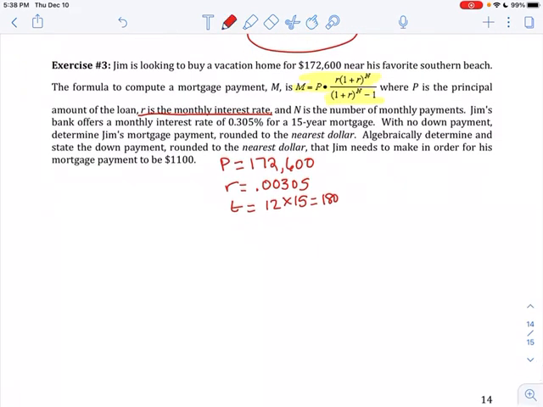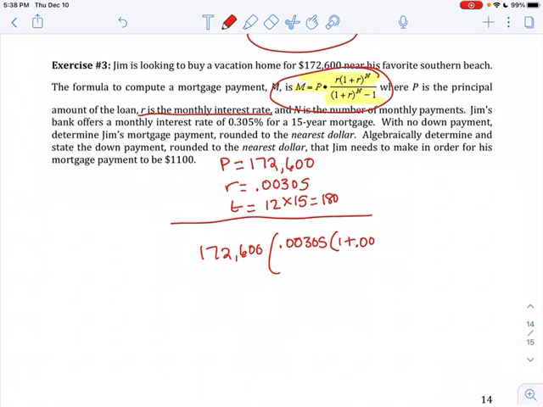I'm just using this formula right here, my principal, $172,600, times, on the top, my rate, 0.00305, times 1 plus the rate, 0.00305, to the 180th power, because N is the number of payments, divided by 1 plus 0.00305, again to the 180th power, minus 1.